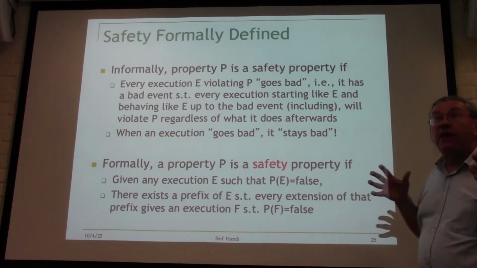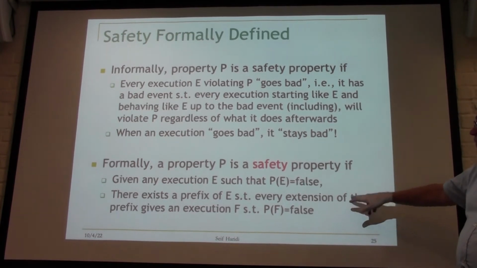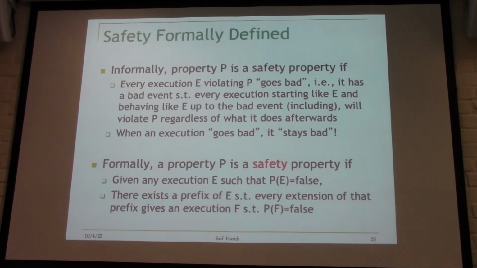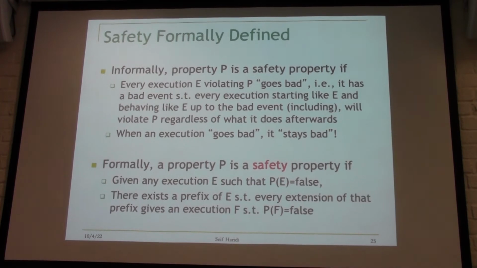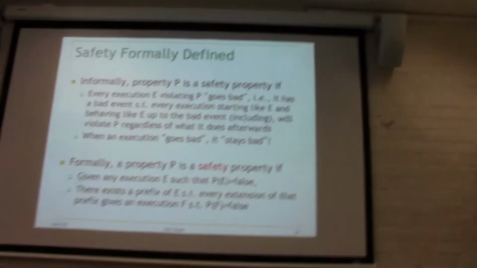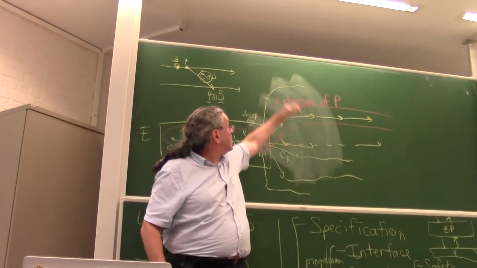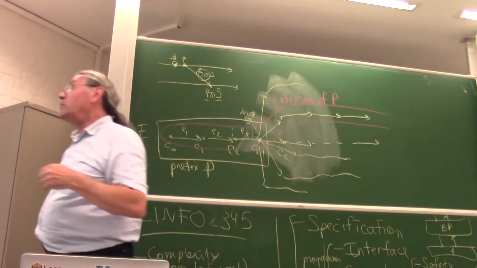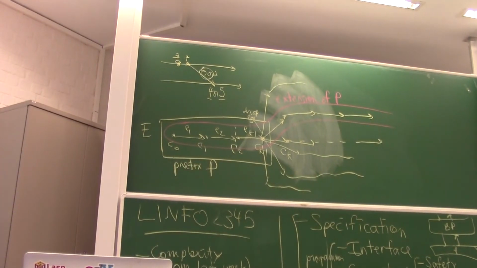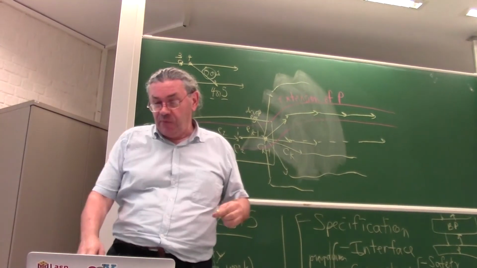No matter how you extend it, if E is bad, there exists a prefix, let's say this one, such that no matter what I do after that, even if I do different things, all those extensions will be bad. So when it goes bad, it stays bad. That's the formal definition.